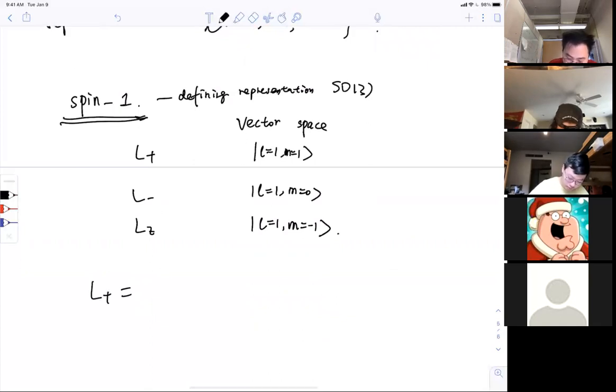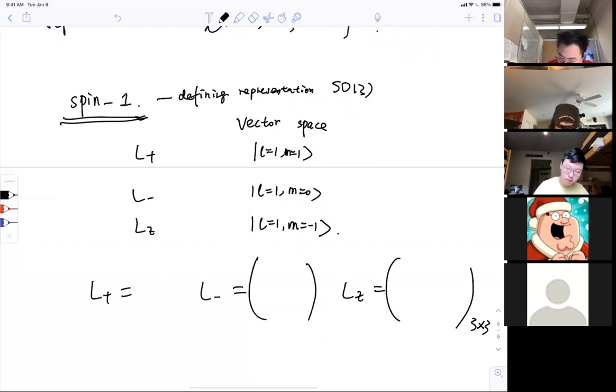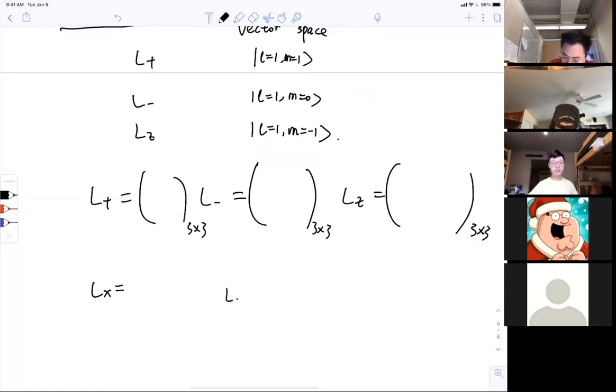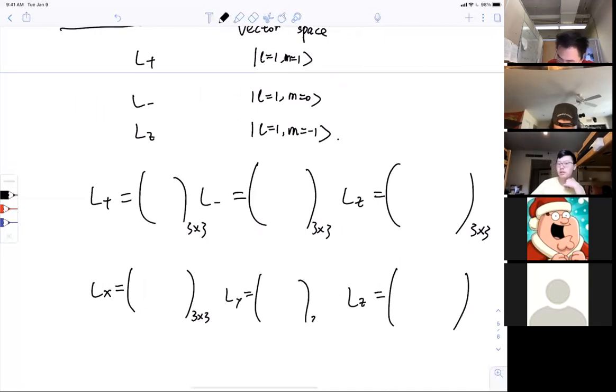And we can get L plus, L minus, and LZ in 3x3 matrix form. Let's write in LX, LY, LZ form, because later on when I talk about tensor products, I want to use some expression of this. Okay, so let's denote this.